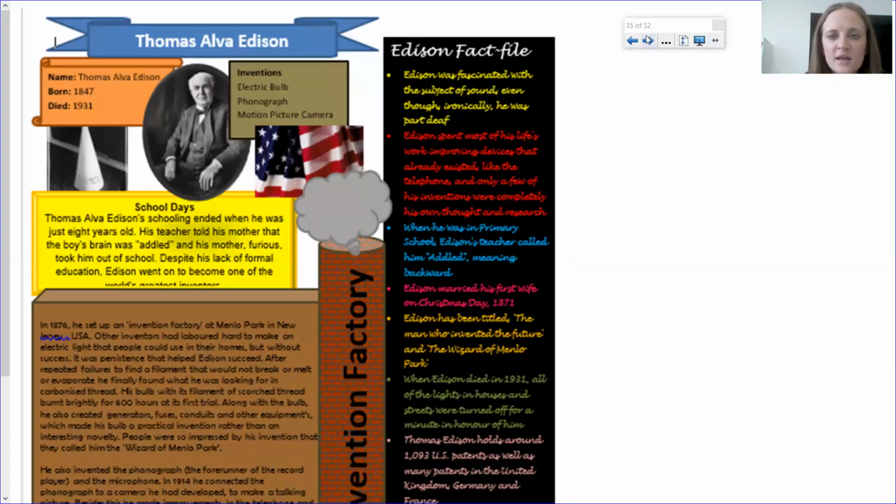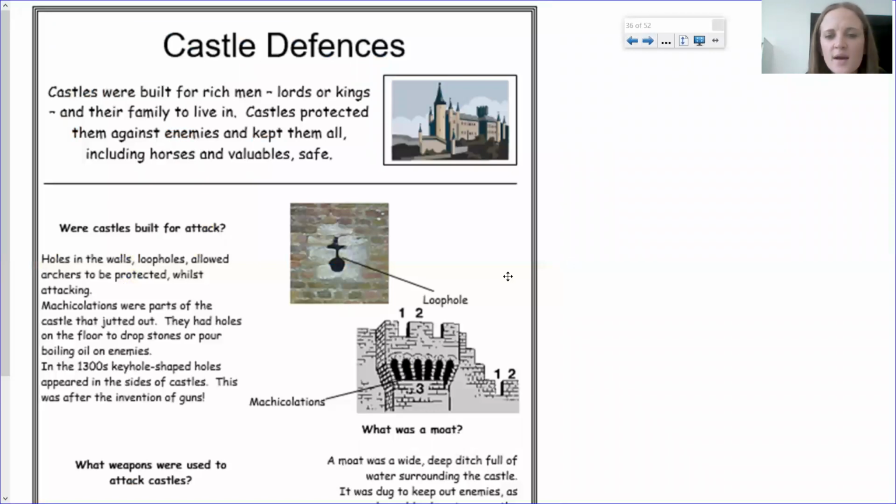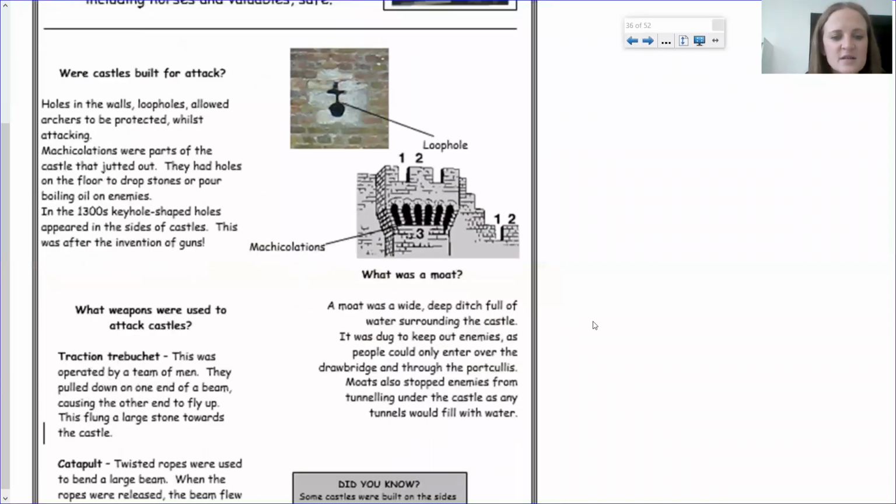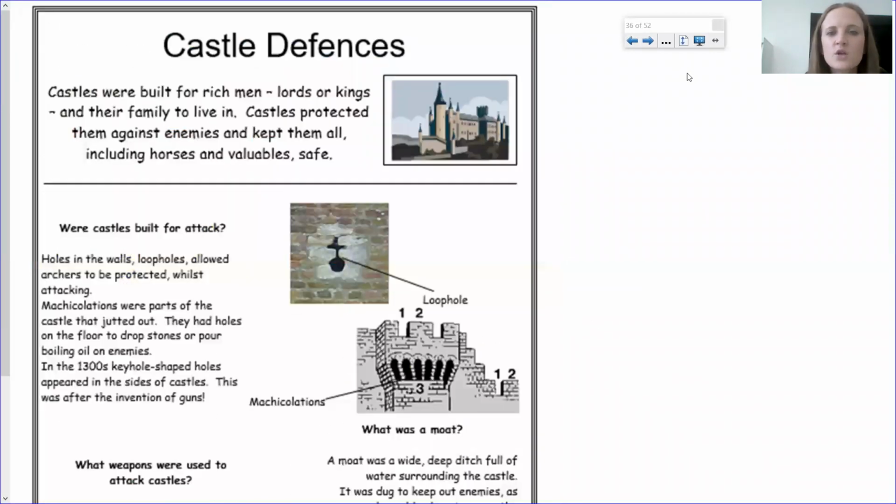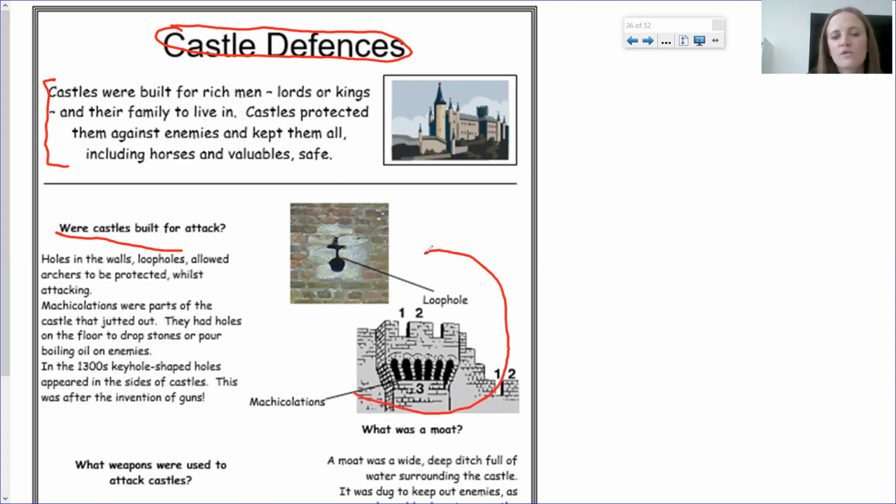Right, let's have a look at the next one. Here is one about castle defenses. This one you can see has got a lot of what we've spoken about already. We've got our heading, we've got an introduction, we've got subheadings here, we have a diagram over here with some labels of different things.